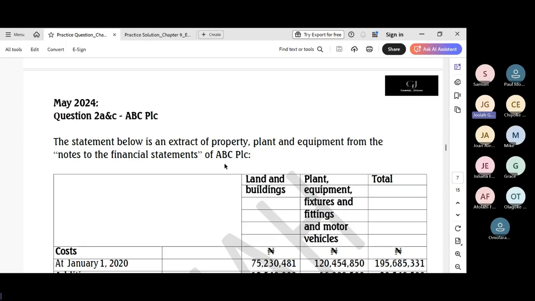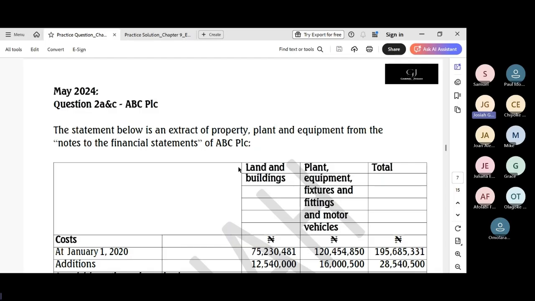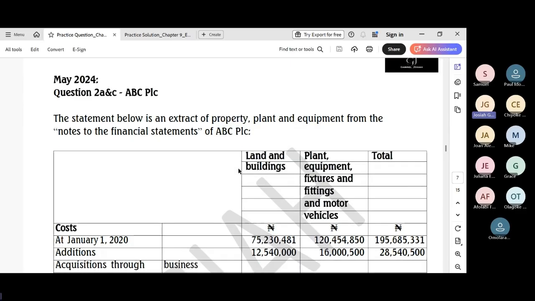So we'll move to May 2024 question 2, parts A and C. 2A and 2C tested, I think, either implicitly or directly, the concepts on evaluation and review, chapter 9. We have the statement below, an extract of PPE and the notes to the financial statements of ABC Limited.